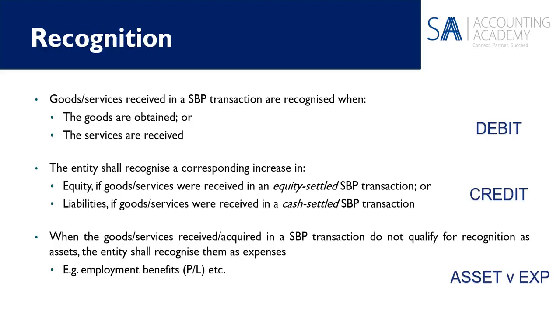So it's very important to establish what it is that you're actually receiving, not only when you receive it and when you obtain control or the benefit of the goods or services, the risks and rewards when they pass to you, but also whether there will be future economic benefit attached to those goods or services that you're obtaining from the supplier, and then whether those goods or services should be recognized as assets and not expenses.